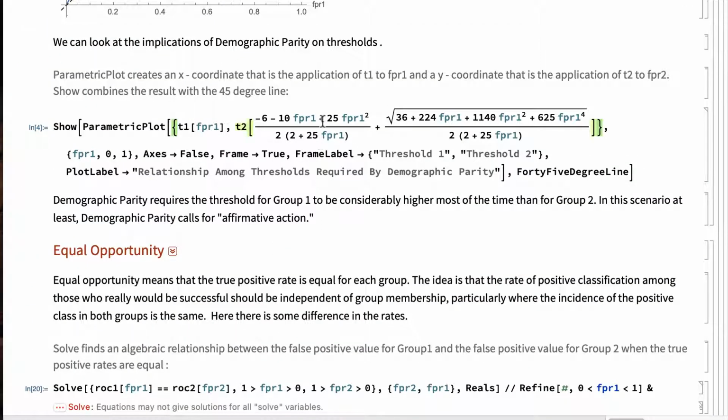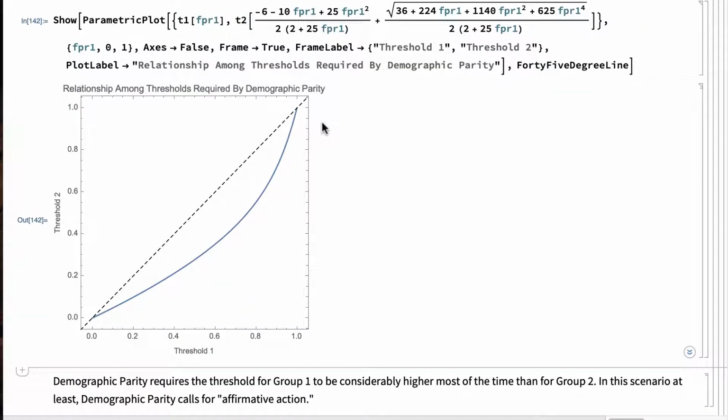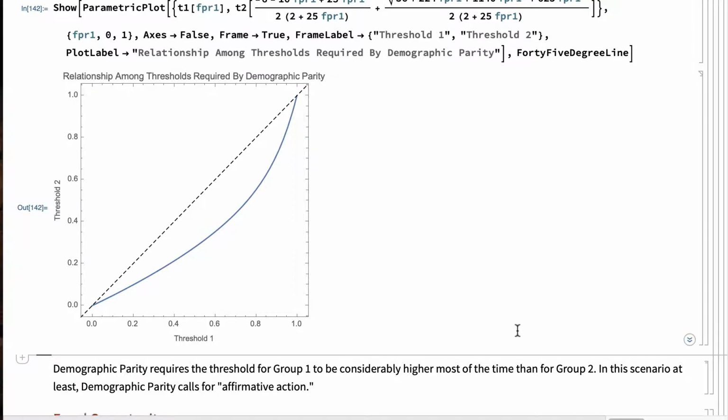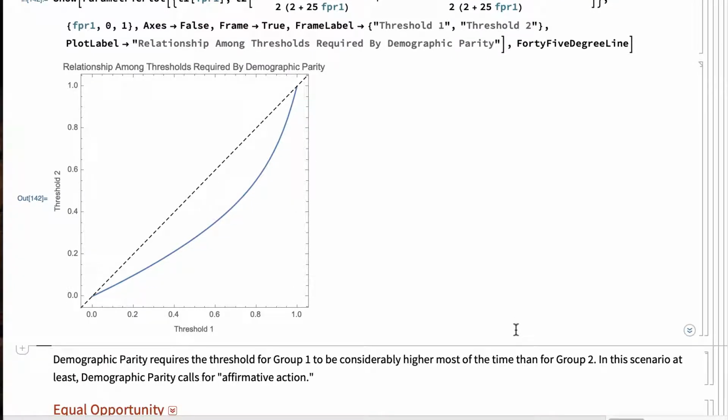Isn't Wolfram language fun? And here we are. So what we see is that demographic parity requires the threshold for group 1 to be considerably higher most of the time than for group 2. And so in this scenario, at least, demographic parity would call for what we might call in the United States affirmative action.